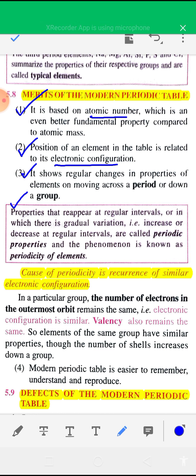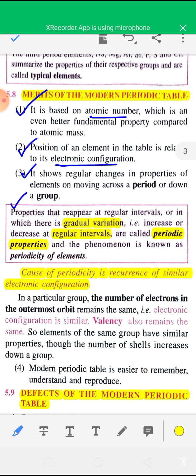So these properties that reappear at regular intervals, or in which there is gradual variation, that is increase or decrease at regular intervals, are called periodic properties.